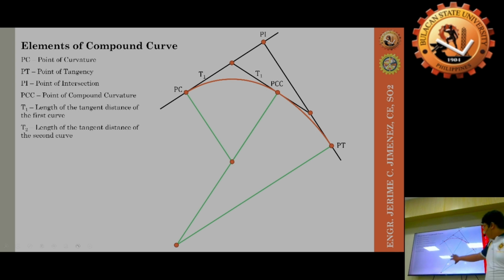Si second curve, ang PC niya is also equal to PCC. Okay? So dito nag-start yung second curve eh. So therefore, from PCC, papunta sa vertex, yan yung T sub 2 natin. And also, from the vertex, papunta sa point of tangency, that will also be your T sub 2.